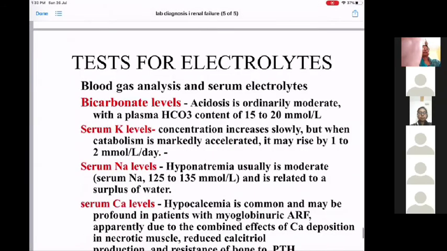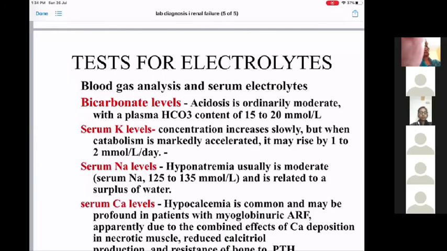Now tests for electrolytes: blood gas analysis, ABG, and serum electrolytes. Bicarbonate level is important. Acidosis is ordinarily moderate, with a plasma bicarbonate content of 15 to 20 millimole per liter. Then serum potassium level and serum sodium level. Normal potassium level is 7 to 8 or up to 9, and normal serum sodium level is 125 to 135.